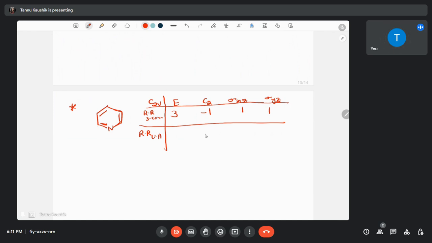So the number of atoms here are 1, 2, 3, 4, 5, 6 and 7, 8, 9, 10, 11. So we have 11 atoms. When we are applying the C2 axis, 2 atoms are remaining unchanged. Sorry, 3, because we have these hydrogen atoms also.